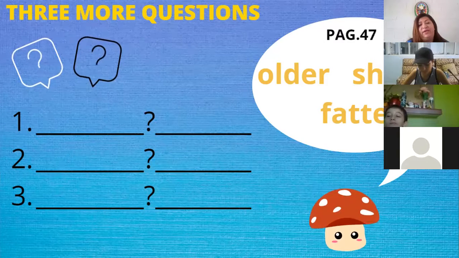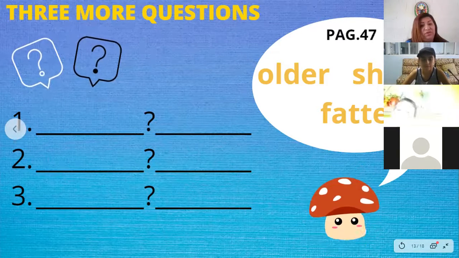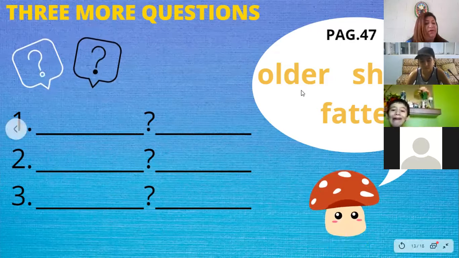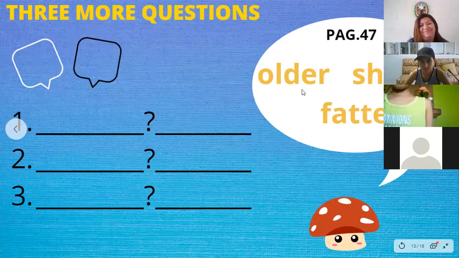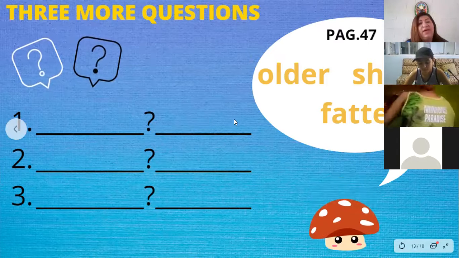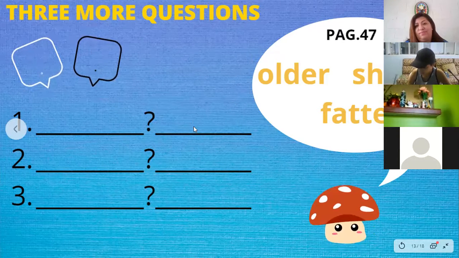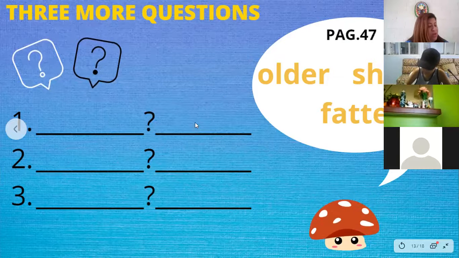For example, we can use older and say, is Nigel older than Jane? And the answer will be, yes, he is. Remember, question and answer. Okay? Shorter.